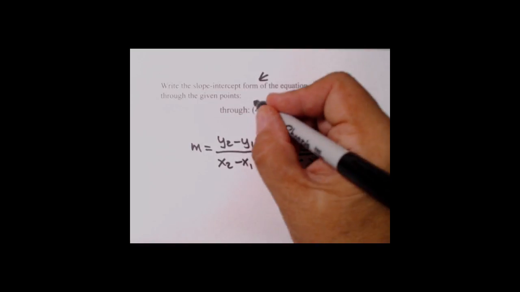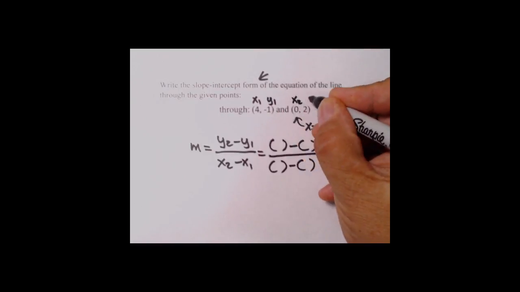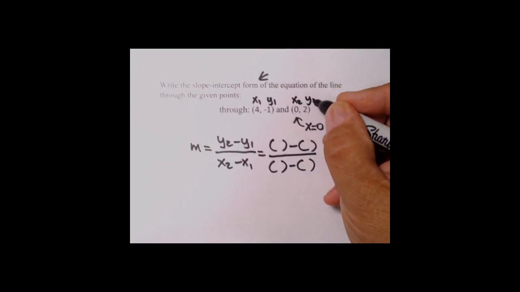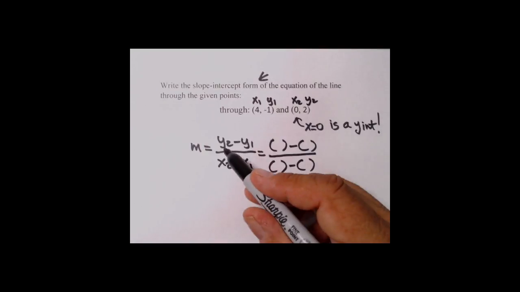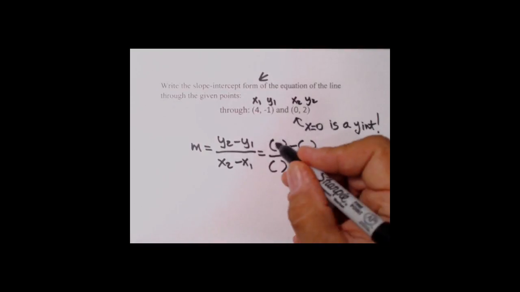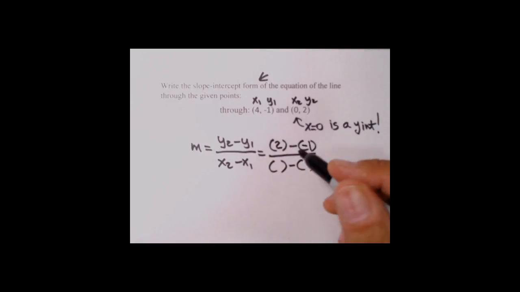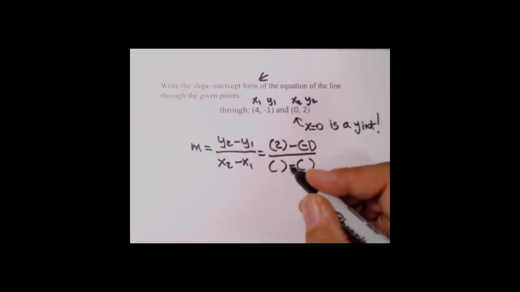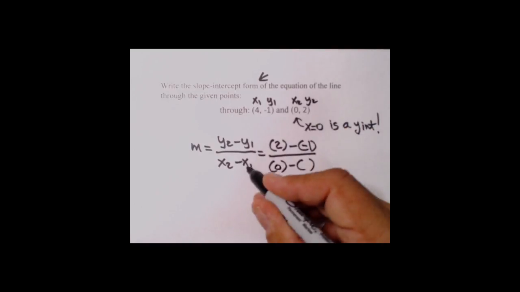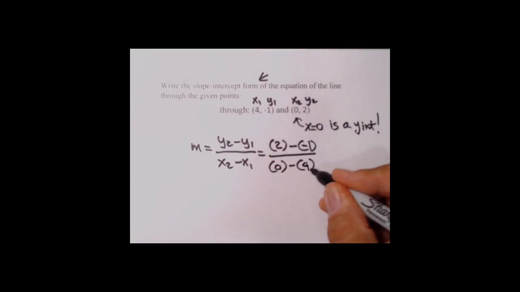Okay, well, I'm going to just label these guys x1, y1, x2, and y2 as usual. And let's see if we can get everybody in the right spot. Top left hole is y2, which is 2. Top right hole is y1, which is -1. Bottom left hole is x2 here, which is 0. Bottom right hole is x1. x1 happens to be 4.